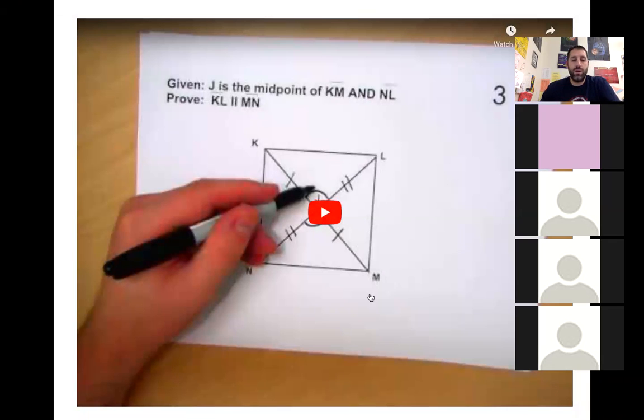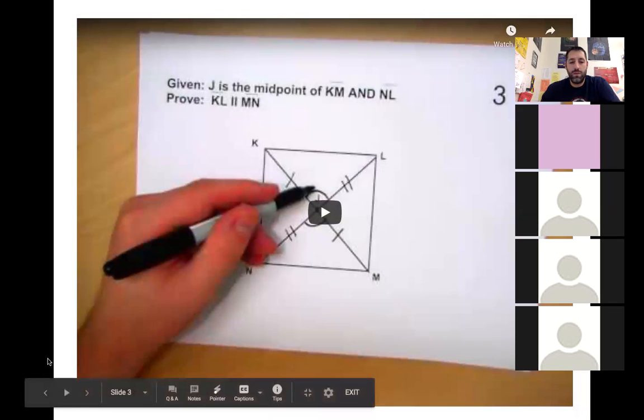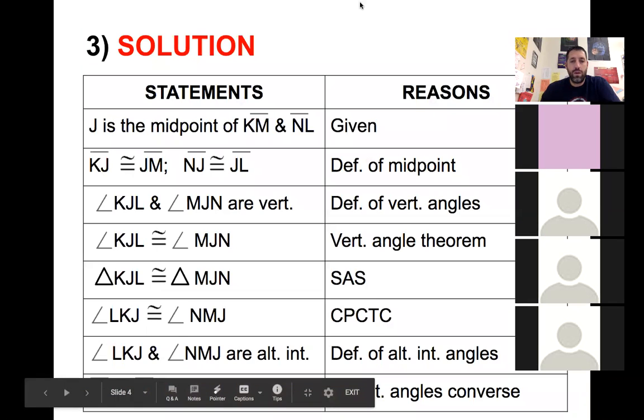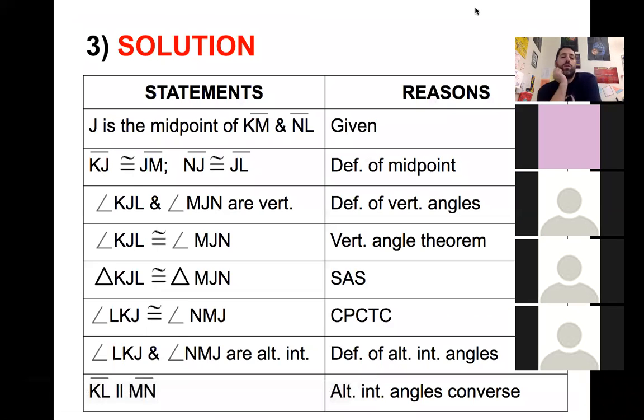All right, so let's see how this looks in proof form. We've got our given information, which is J is the midpoint of the two diagonals. We talked about how you could get two pairs of congruent line segments from that midpoint J. That doesn't mean all four of them are congruent.